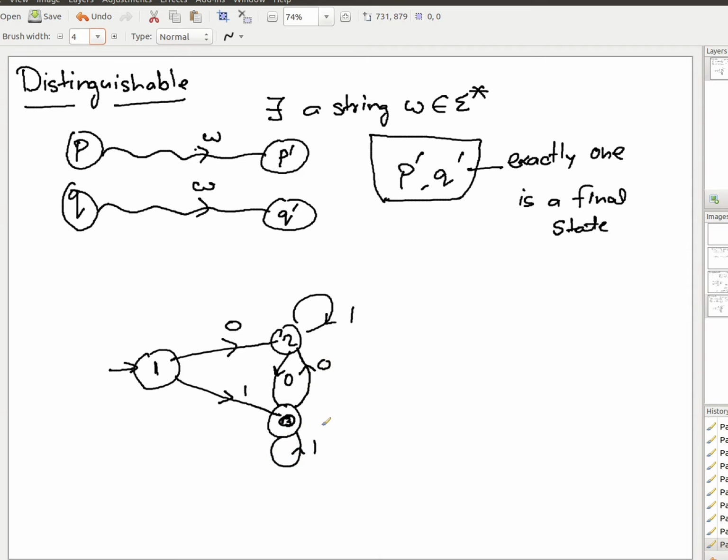Now, if I have to find which states are equivalent or which are distinguishable, what all pairs do I have? I have the possible pairs 1 2, the next possible pair is 1 3, and the other one is 2 3. Only these three possibilities, right? So, what do you say? Is 1 2 equivalent or distinguishable?